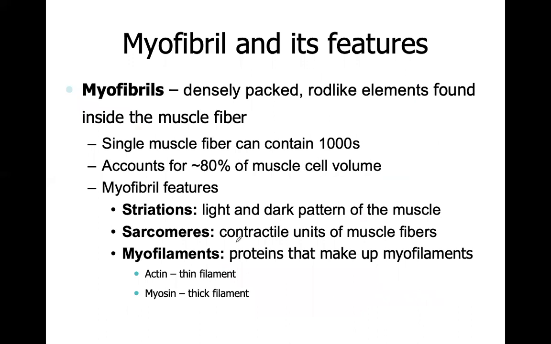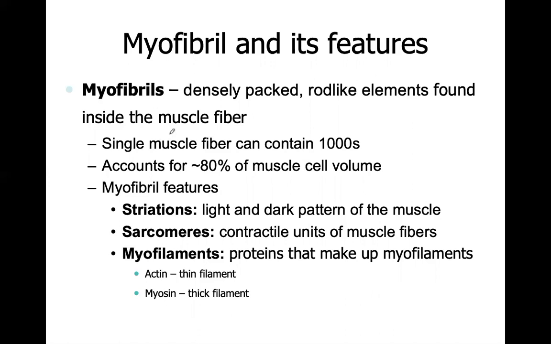Now, why do I care about myofibrils? Myofibrils account for about 80% of your muscle cell. There are literally thousands of these inside a muscle cell. One of the main features of myofibrils is that they create the striation pattern we see in your muscle.